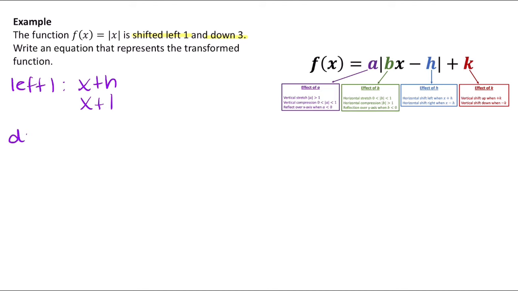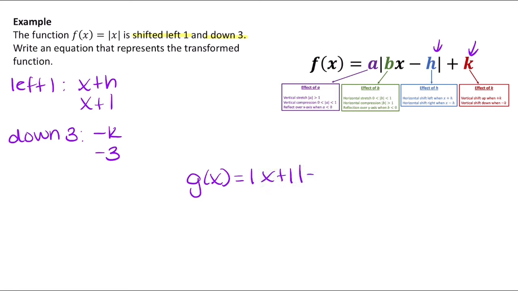Well, what about my down 3? Down 3 means I'm talking about K, right? So remember, a minus K is going to go down. So that means I'm going to have a minus 3. So I just need to transform H and transform K in order to write this new equation. My new equation, I'm just going to call it g of x, is going to be the absolute value of x plus 1, minus 3.